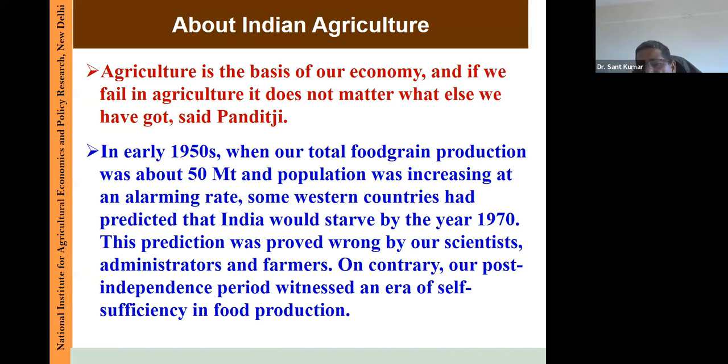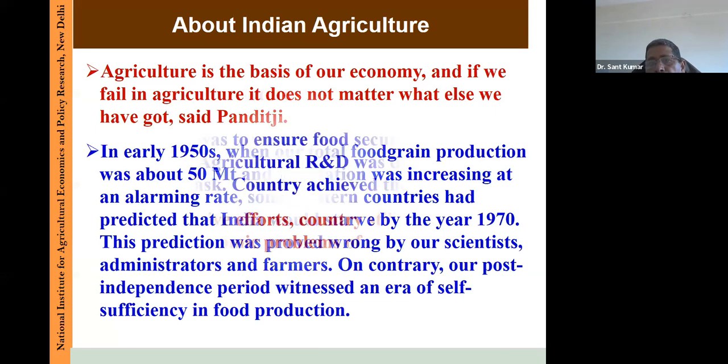But that prediction was proved wrong by our scientists, our administrators, and farmers. Contrary to that, the post-independence period witnessed an era of self-sufficiency in food production.